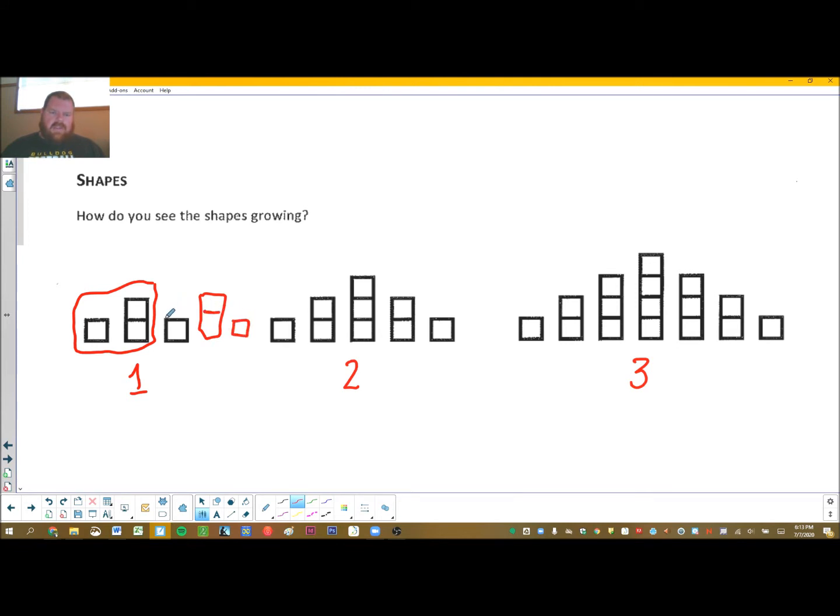And then this middle stack has to grow to 1 bigger. Okay, kind of a more laid out approach to it, more involved approach, I would say, but it still works. If that's the way that you see it growing, then that's the way you see it growing.